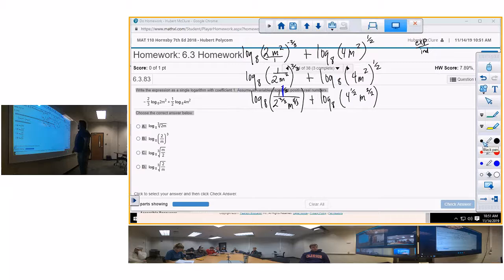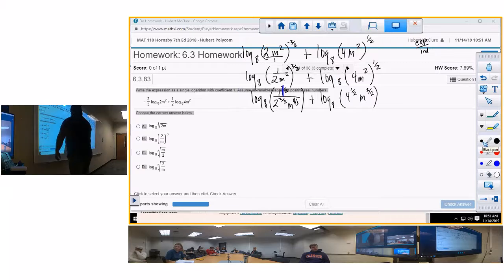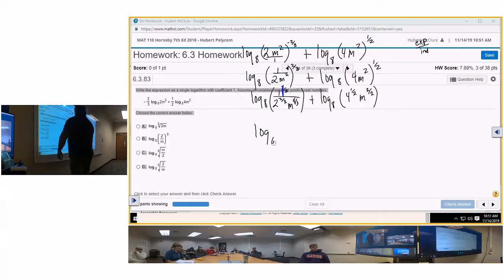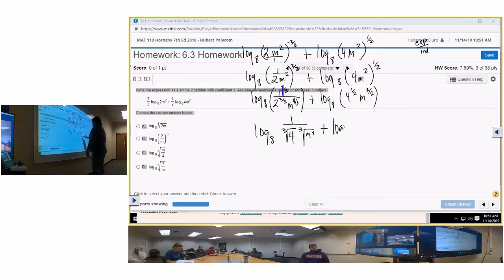Okay, so I'm going to get log base 8 of 1 over the cube root of 4, the cube root of m to the what? m to the fourth, plus log base 8 of square root of 4 is 2, and m to the first is m.